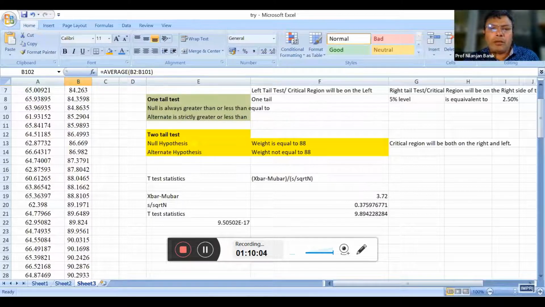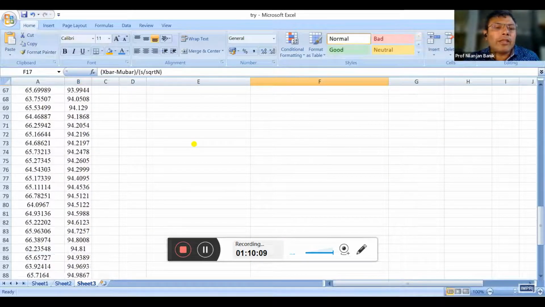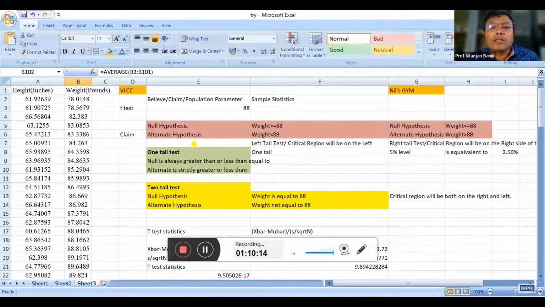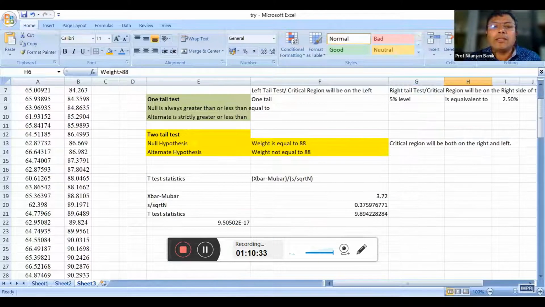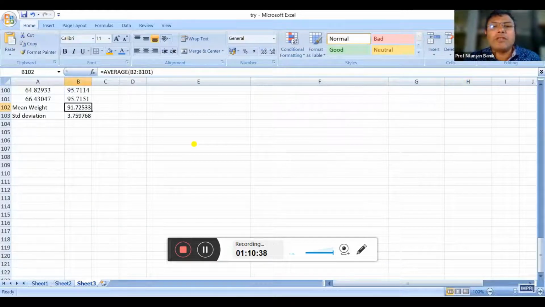Wait a minute. I think what I said, X bar, I'm getting 91, right? So X bar, I'm getting 91, and this is statistically significant. So in this case, actually Neil is correct, because the alternate is what VLCC is claiming. VLCC is claiming that their weight is less than 88, but I am claiming that your weight is actually greater than 88. And this is exactly what you are getting from the sample, which is 91.72.